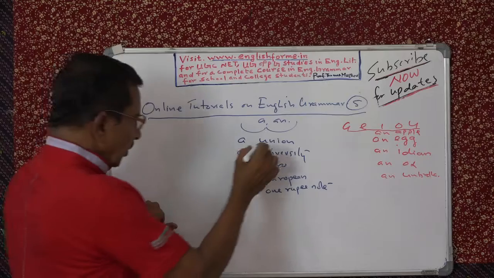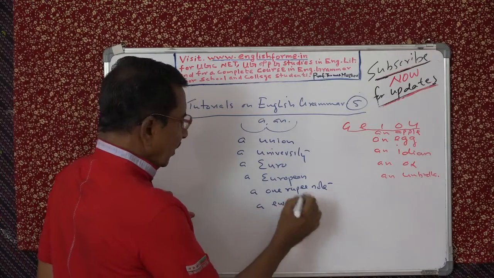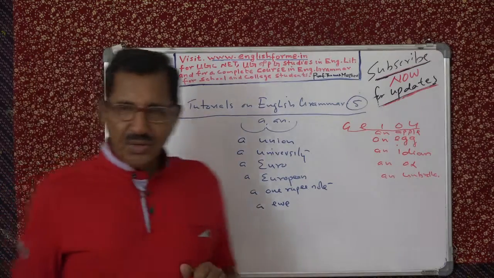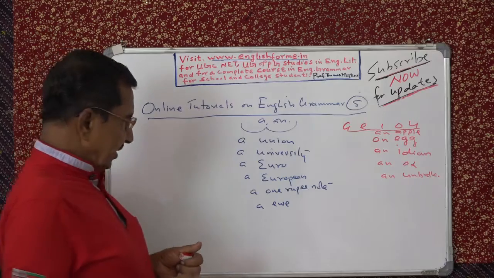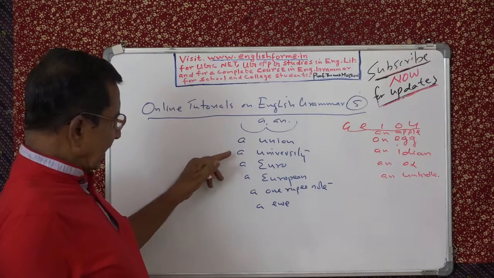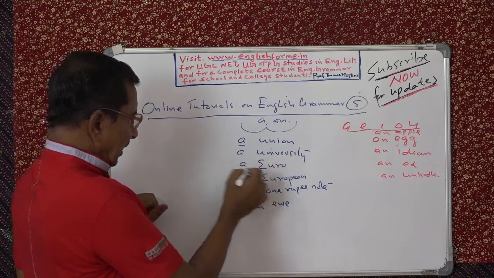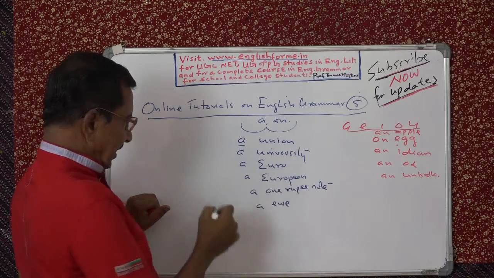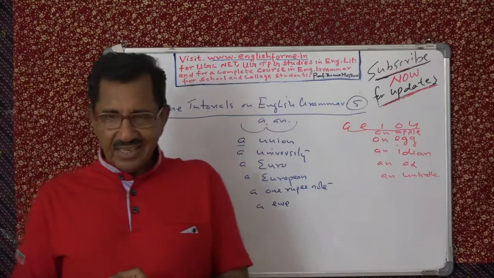So you have got a U, and an E-W-E. You have got U here, but you are using "a". U, a. E here, but a. E, O, a. Did you see that?